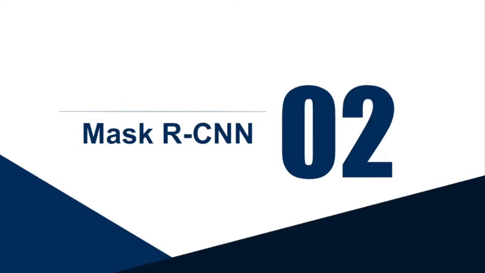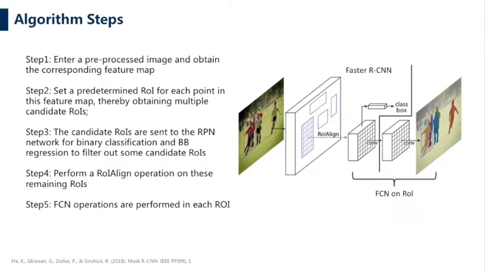Now we will enter the Mask RCNN paper analysis part. First, I will introduce the whole algorithm steps. Step 1. Enter a pre-processed image and input it into a pre-trained neural network to obtain the corresponding feature maps.